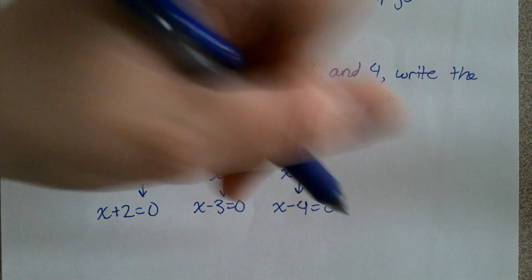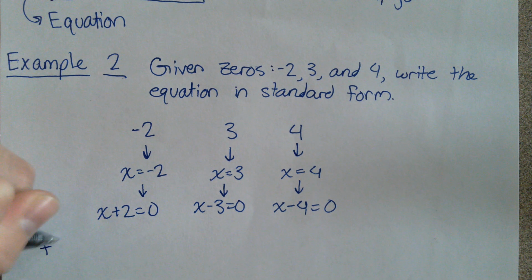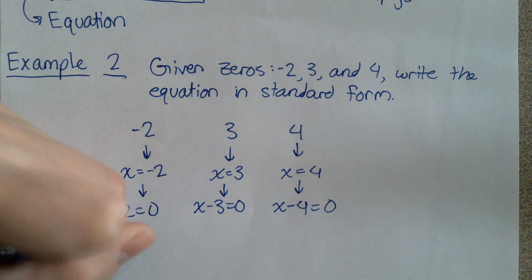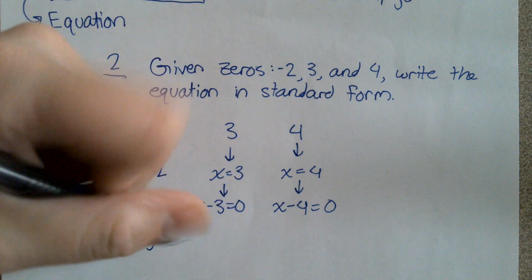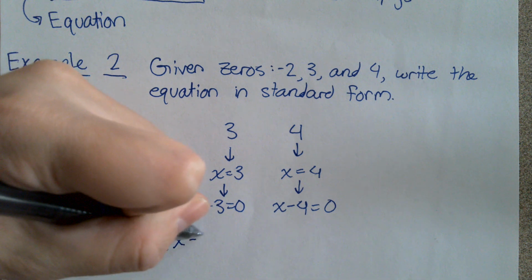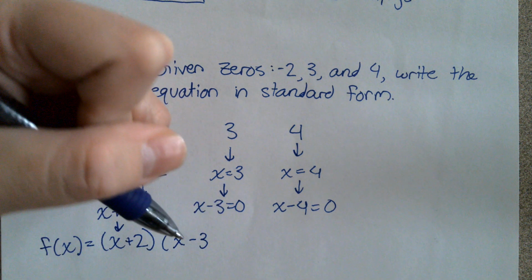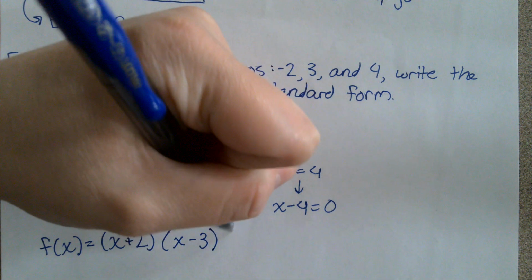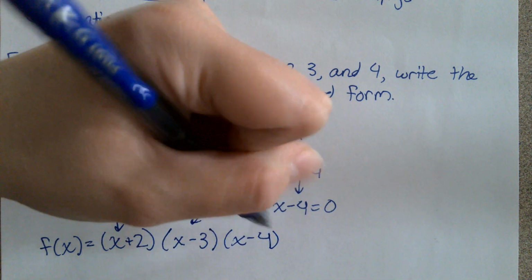Now I can put all of these together to make an equation. F of x equals x plus 2 times x minus 3 times x minus 4.